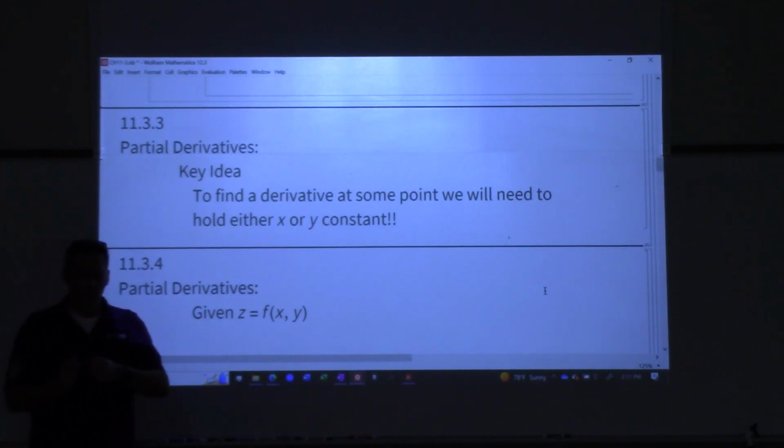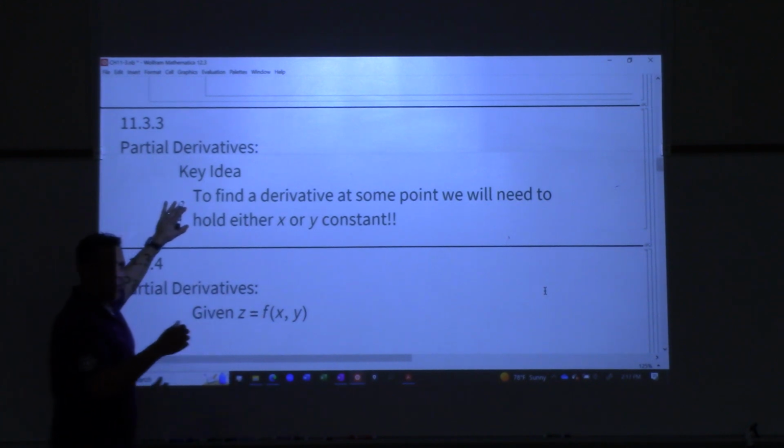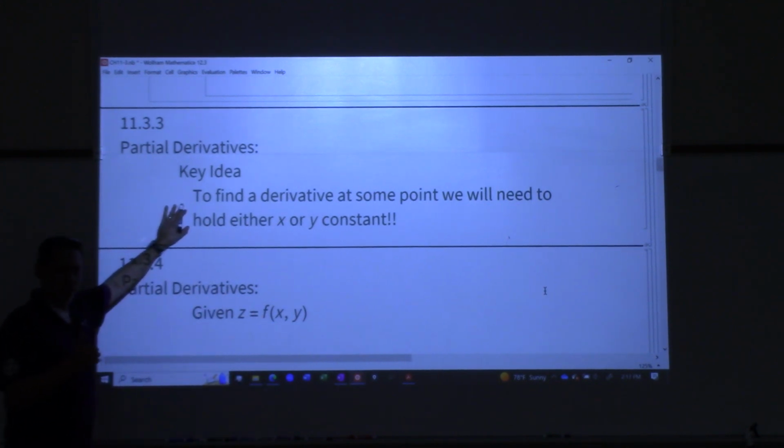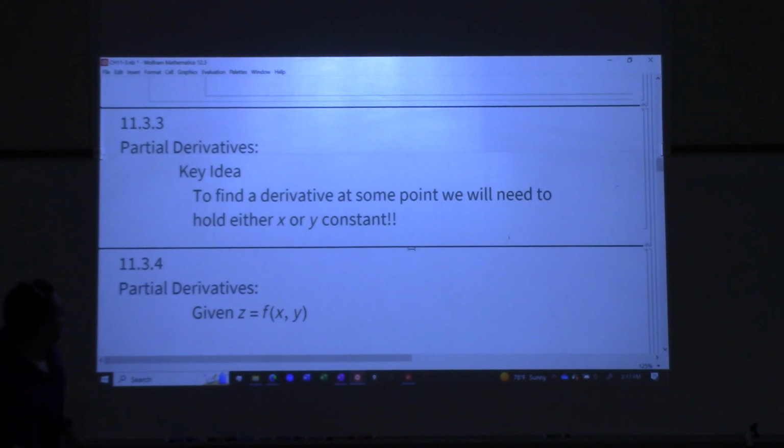So we have to hold one or the other, which is why we call these partial derivatives: you're taking something that used to have two variables and holding one of them constant, so you're partially getting the derivative, as opposed to being able to handle the whole thing.